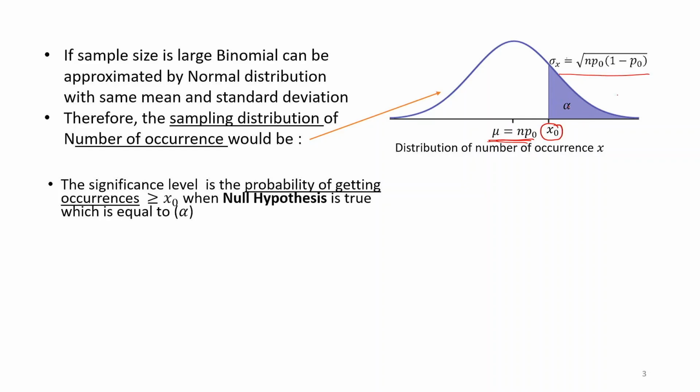The area is the whole curve. The shaded area, we have represented by alpha. So alpha represents this. Therefore, the significance level is the probability of getting occurrences more than or equal to x0 when the null hypothesis is true, and this is equal to alpha as shown in this graph.